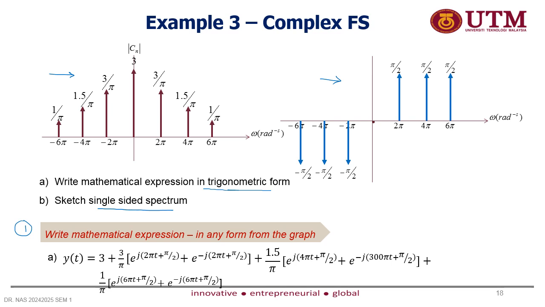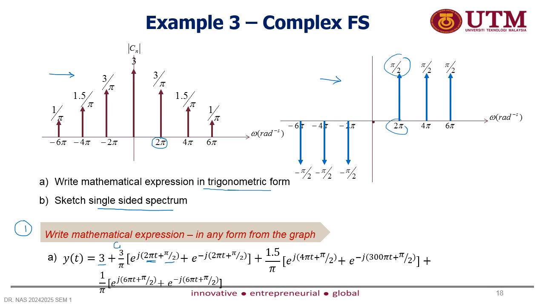Start with C naught. So C naught equals 3 plus C1, C1 e^(j omega naught t) for the first one, positive omega naught. The phase at 2 pi is positive pi over 2, so that's why it is positive pi over 2.